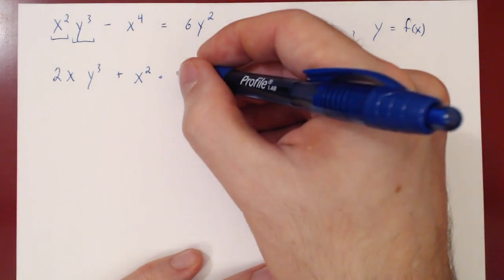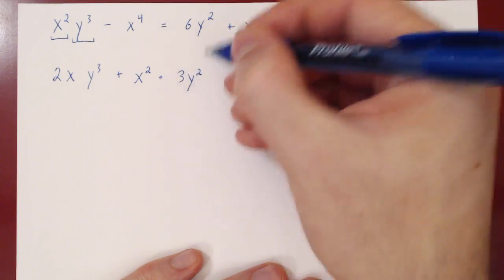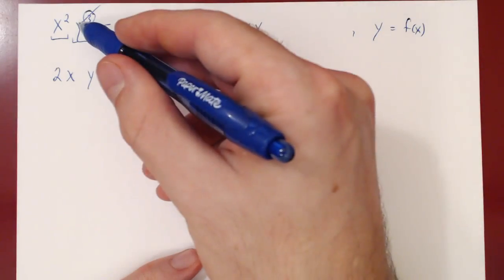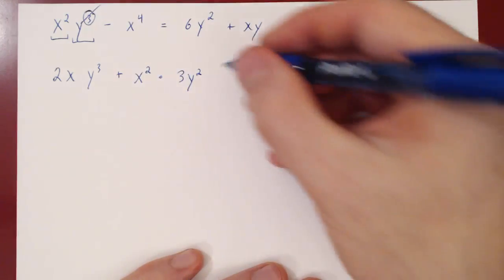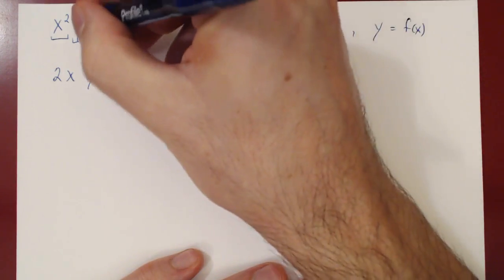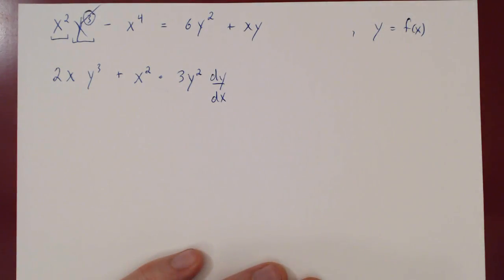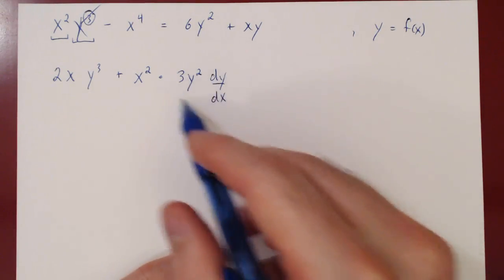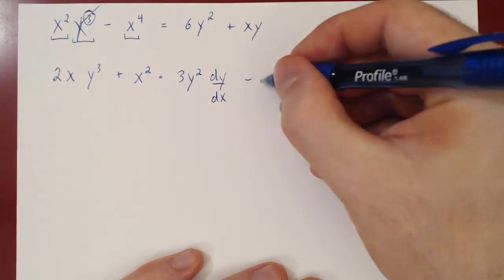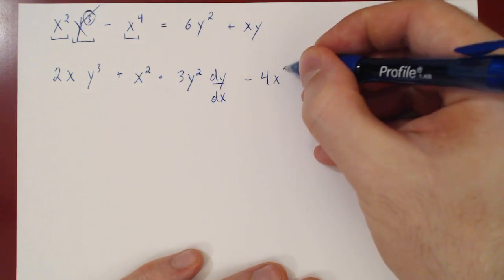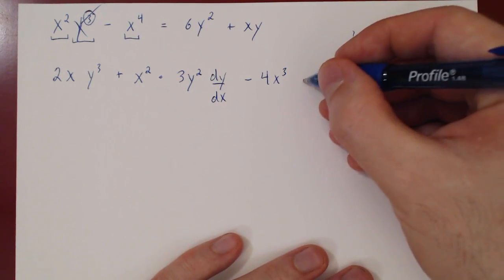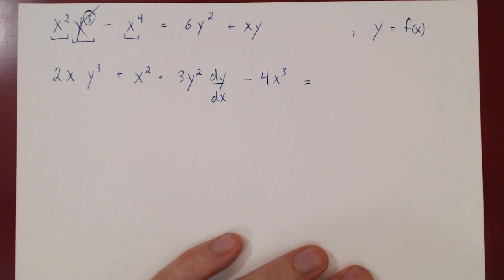By the chain rule, we have 3y squared times the derivative of the leftover term, which is y, so times dy over dx. And now we're done with the product rule and the chain rule, minus the derivative of x to the 4 with respect to x, which is just 4x cubed. That takes care of the left-hand side.